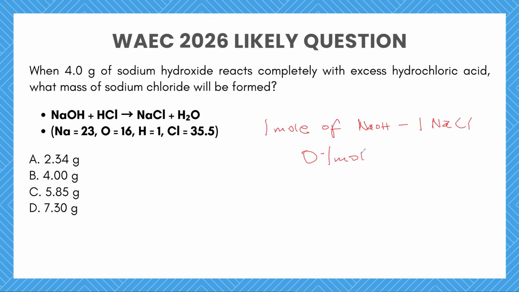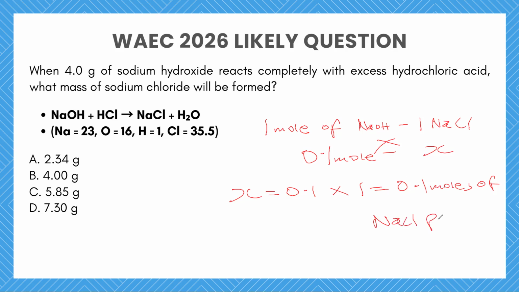So 0.1 mole will produce X moles of sodium chloride. So at this point, we can cross multiply. That gives us X is equal to 0.1 times 1. This is 0.1 moles of sodium chloride produced. I hope thus far that is clear.